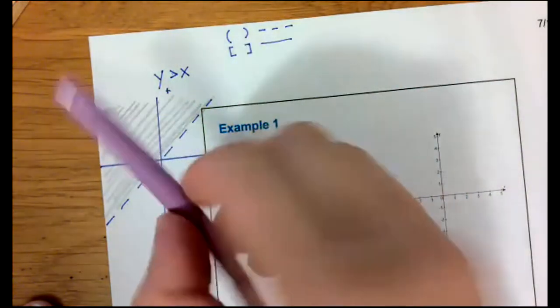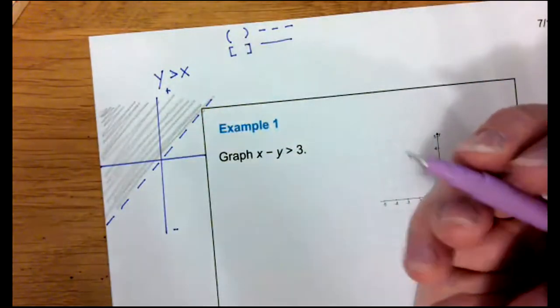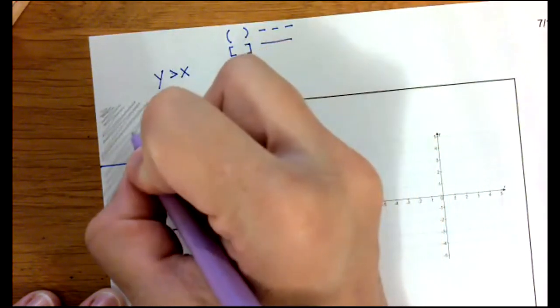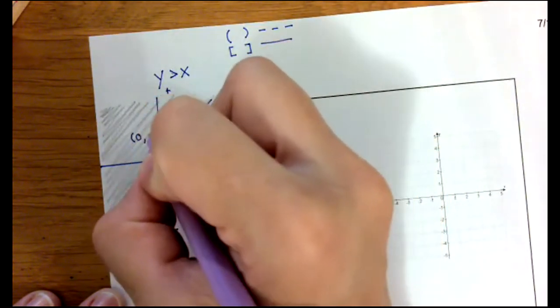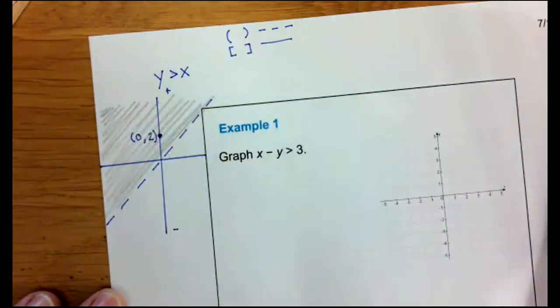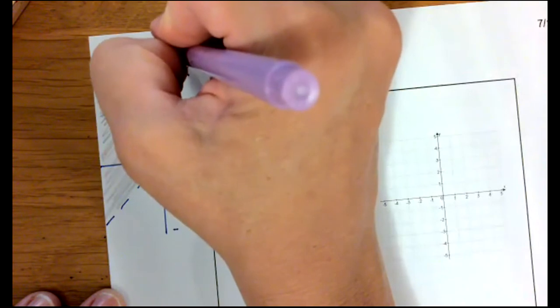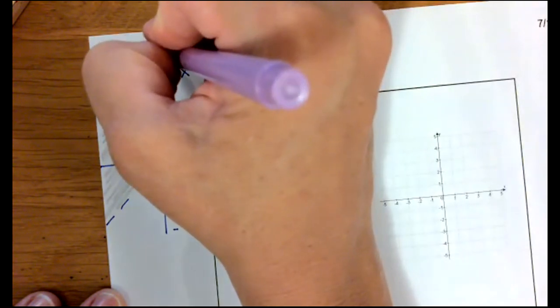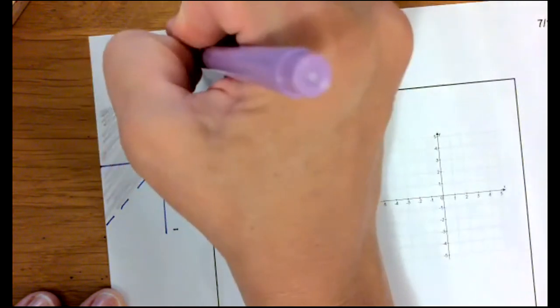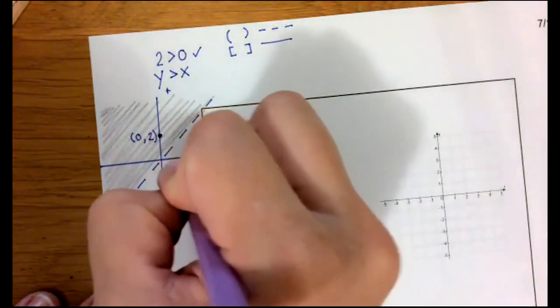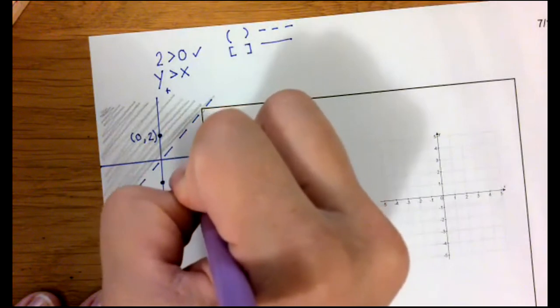So we're still going to shade everything toward positive y. And all of this will be in the solution set. Like maybe this is 0, 2. If this is 0, 2, x is 0, y is 2. That is true. And then down here, this is 0, negative 2.